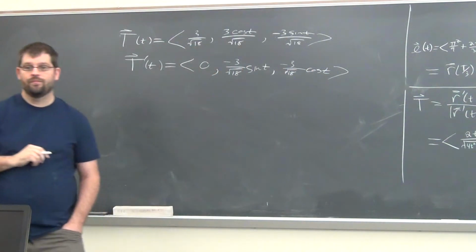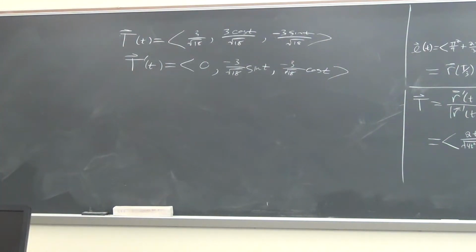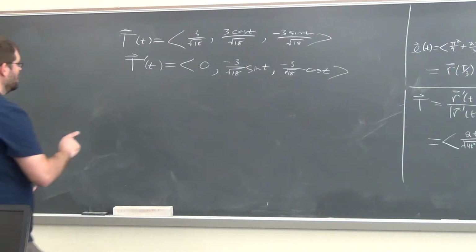Okay. Now, you might have figured this out already. When you see things like constant times sine, constant times cosine, you know sine squared plus cosine squared is 1. And so the thing of length 1 is just to divide by that constant. But let's go through it anyway.